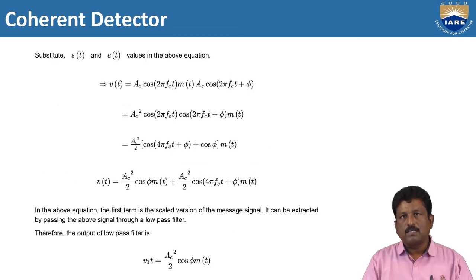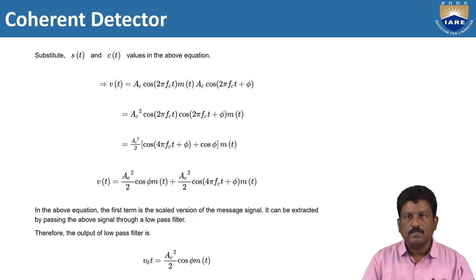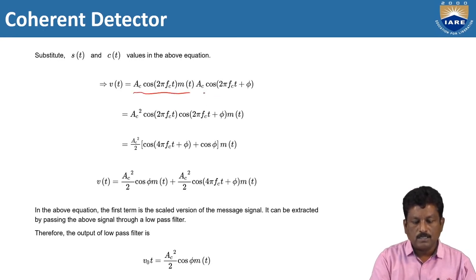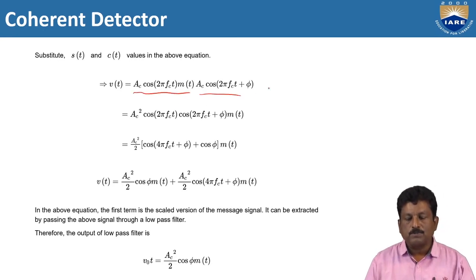Now we'll get the expansion of the signal. By substituting the carrier signal as well as the received modulated wave, we get v of t equal to Ac cos 2 pi fc t times m of t, which is s of t, multiplied by Ac cos (2 pi fc t plus phi), the locally generated carrier signal.